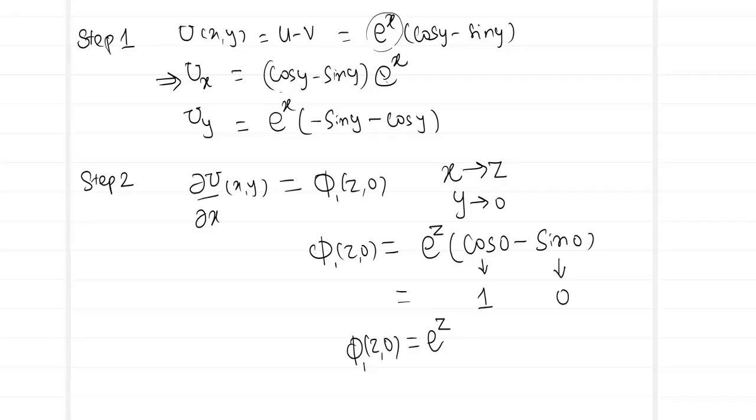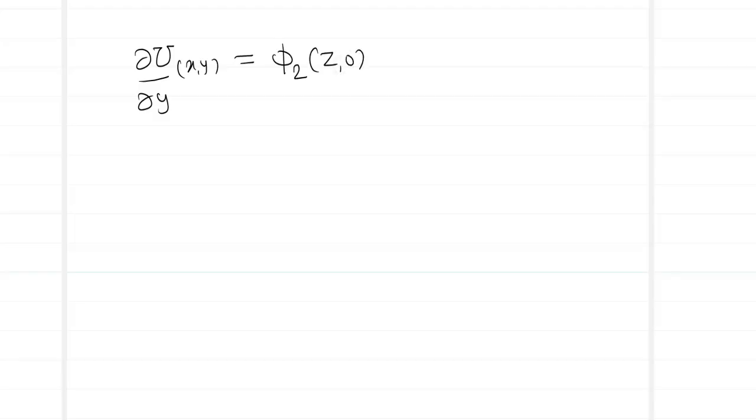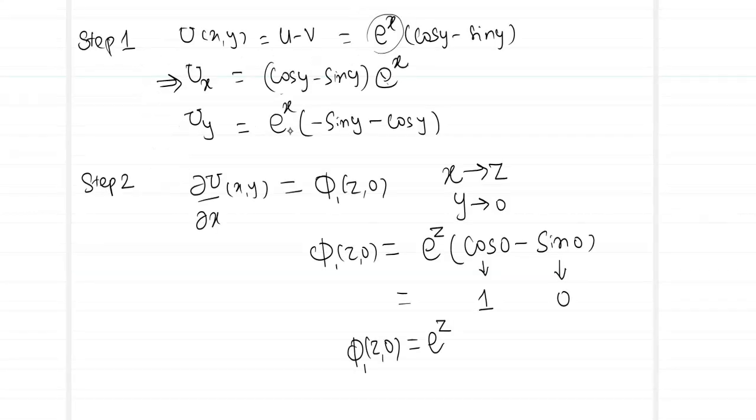In a similar fashion for the second derivative, U with respect to y, in terms of x comma y, I replace it with the function phi 2 of z comma 0. That is, x is replaced with z and y is replaced with 0 in my U with respect to y. What is my U with respect to y?